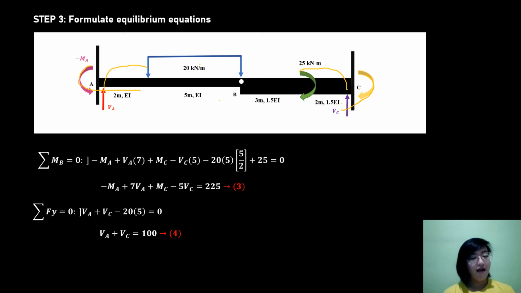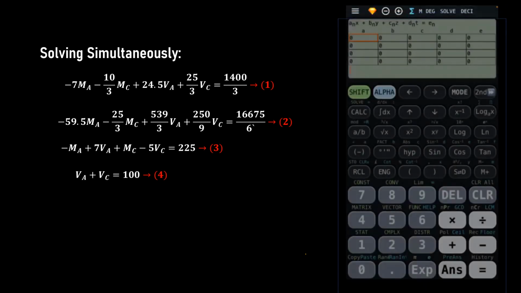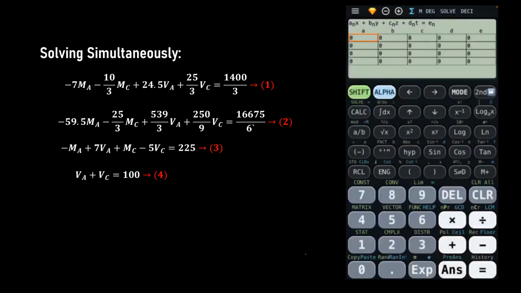So we already have 4 equations. So masasolve na natin yung mga unknowns. So now let's solve simultaneously using 4 equations, 4 unknowns sa calculator. So next, input natin yung first equation.